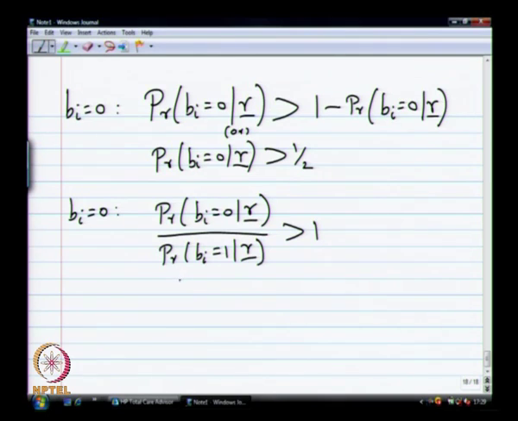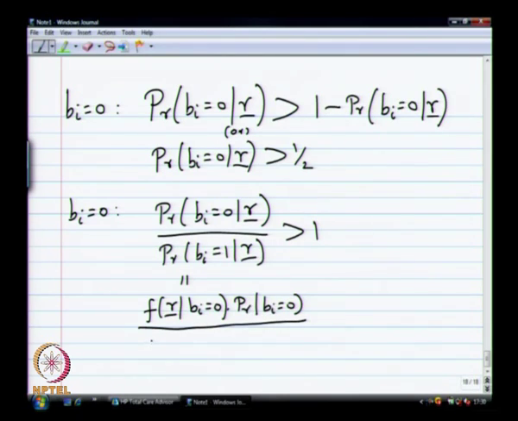Now the left hand side we can write, using Bayes rule, as f of R given Bi is 0 times probability that Bi is 0, of course divided by f of R, but that will cancel with the denominator, so I do not have to worry about it, over f of R given Bi is 1 times probability that Bi is 1.